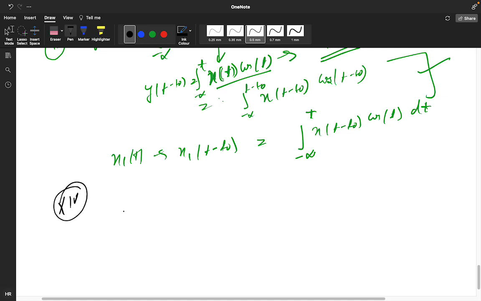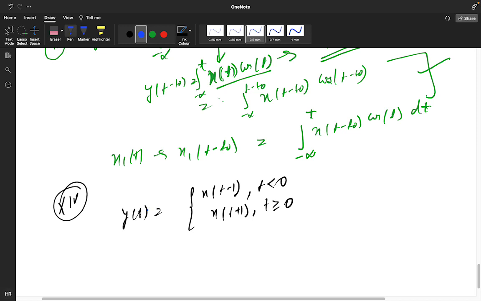Question 14: y of t is given as x of t minus 1 for t less than 0, and x of t plus 1 for t greater than or equal to 0.